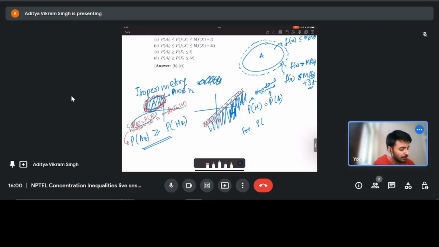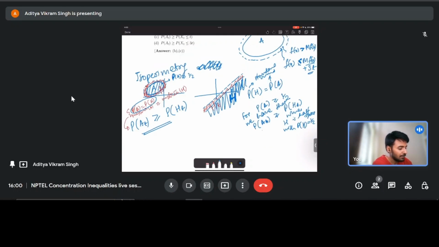So for P of A greater than or equal to half, suppose there is a set A, we have that P of AT is greater than or equal to P of HT, where H is a half space with probability of H equal to half.